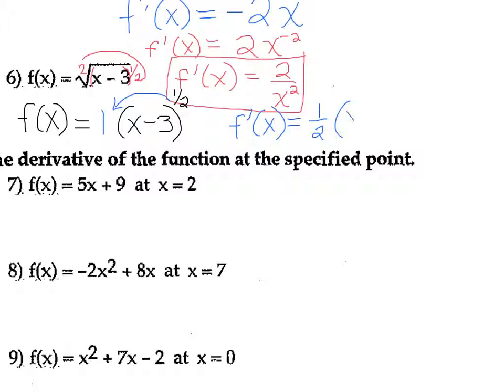You're going to keep the binomial, and then you're going to subtract 1. But subtracting 1 in terms of 2's is going to be 2 over 2. So that 1 is just 2 over 2. So 1/2 minus 2 over 2 is just what? Negative 1/2.